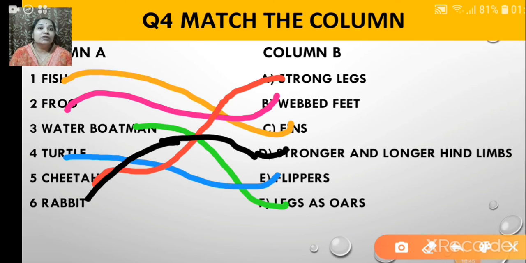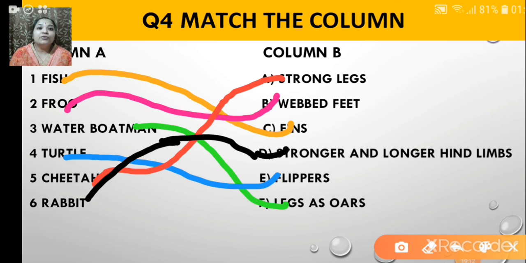And we also discussed the birds, that the birds fly with the help of their wings, which are their forelimbs. The birds have strong muscles attached to the wings and their bodies are very light, which help them to fly in the air.